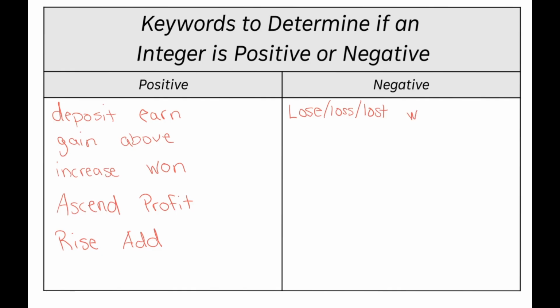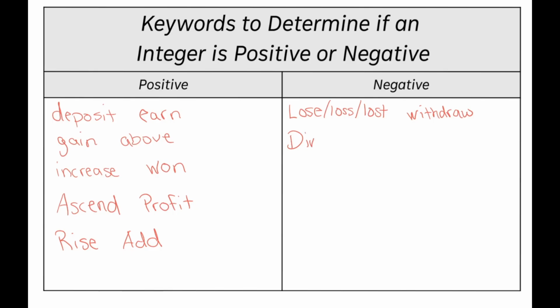Withdrawal. Withdrawal is the opposite of deposits. So when you withdraw money from your bank account, it will reflect a negative situation. It will say minus on your bank account statement because money was taken out of your bank account. Dive.